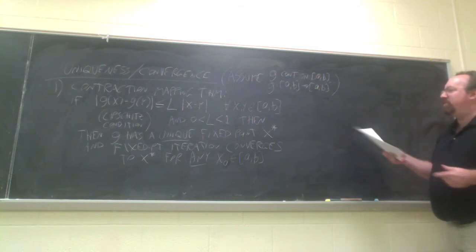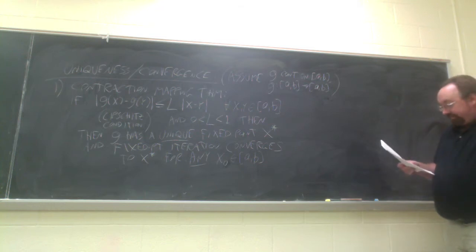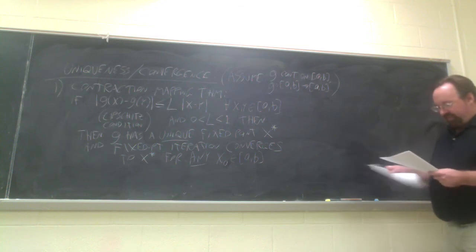And that's really what your asymptotic error constant is, this constant L. Okay, and I'll talk more about order of convergence momentarily, but at least this is one condition that assures convergence.